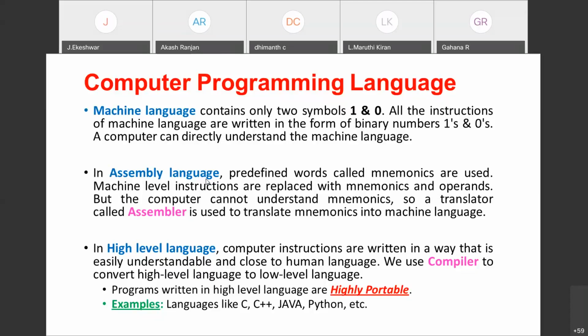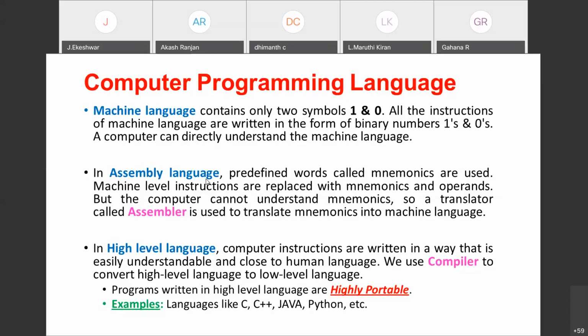Whereas high-level language is programmer-friendly, and whatever instructions or statements you write in it are easily understood and close to human language, but it requires a compiler, a translator program, to convert high-level language to machine language. But the main advantage of high-level language is that it is highly portable. So these are the features you can list out with respect to each of these programming languages. So this completes programming language.